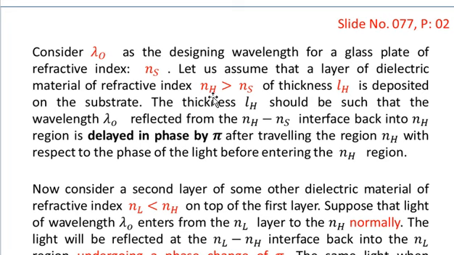When this light enters into the NL layer, it would have undergone a phase change of pi due to the light having traversed a width equal to 2LH.